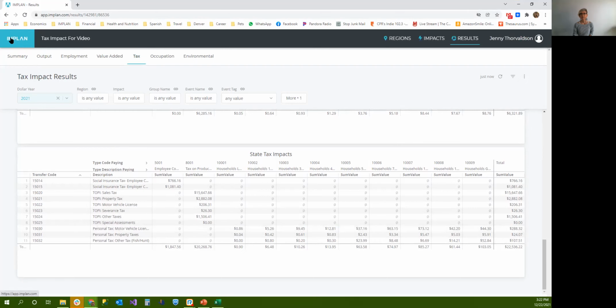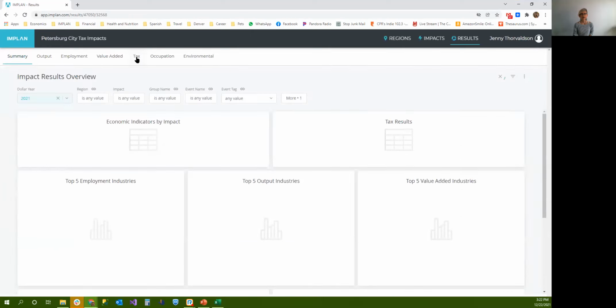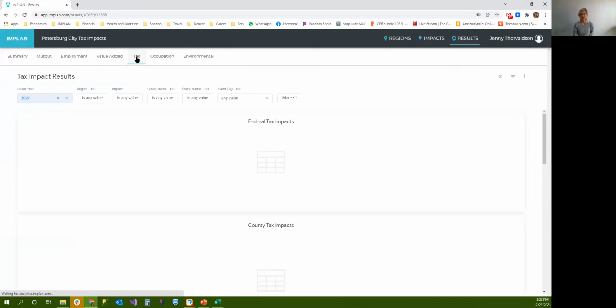If I go back to projects and I pick a different one, which is Petersburg City, and I ran an impact in there, if I click on the tax impacts and give them a moment to load, well, all I want to show you here is that when I run an impact that's not in Washington state, or is in a city where there is income tax, we will in fact see that category.